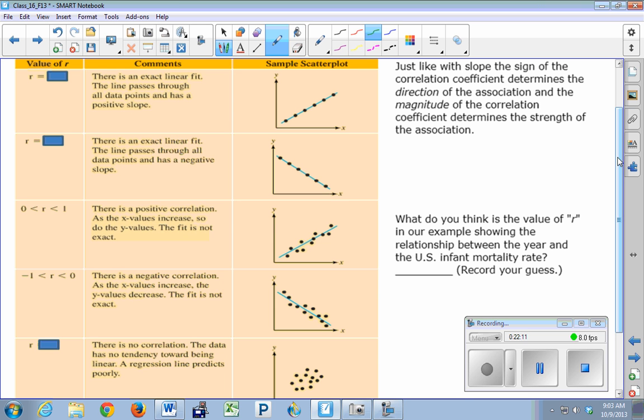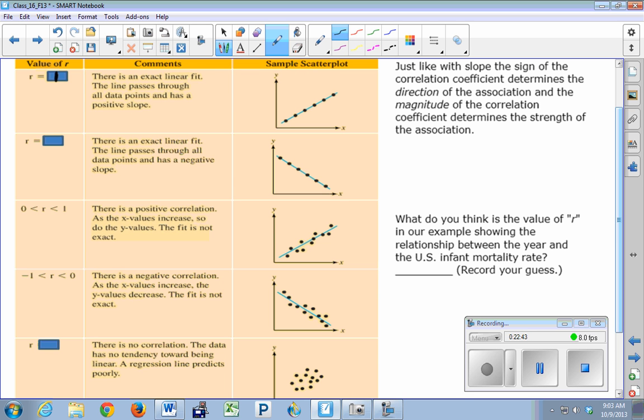I wouldn't say it's impossible, but I have seen data sets where the correlation coefficient is like 0.99. It's really close to 1, but there's a little variation. So this is almost a theoretical thing when you're dealing with real world data, to get a +1. But this just says if your data points are lined up exactly in a straight line with a positive slope, then your correlation coefficient is +1.